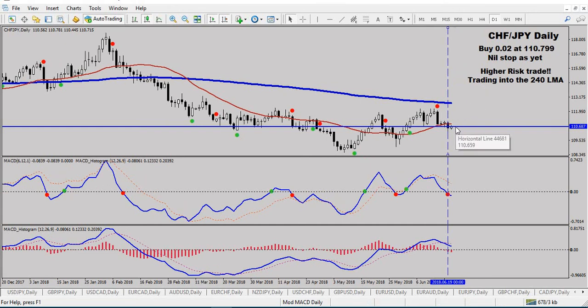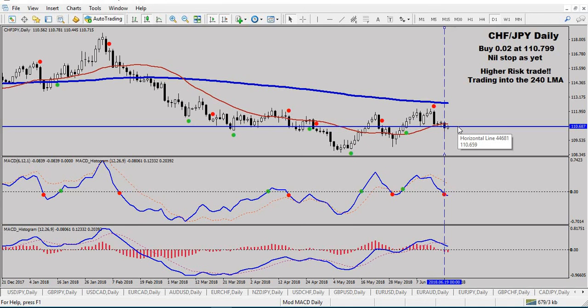Again, ignore the colours. So I've closed the buy, took a small loss. I think it was only about 23 pips or something. Now in a sell trade. So we closed this buy, now in a sell trade at about 110.676. And everything's valid. It's actually with the 240 LMA, so that's all good.